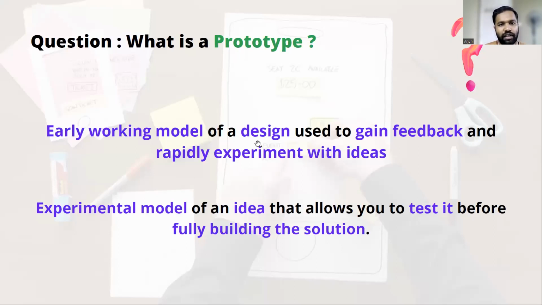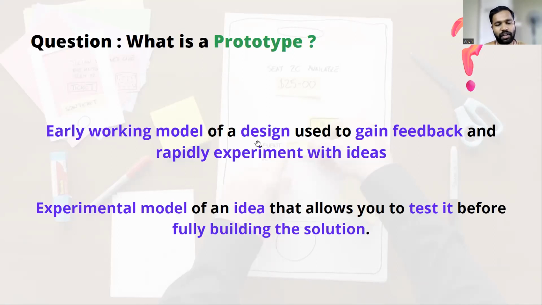So basically, if the user requires something, for example, if the user's problem is traveling from point A to point B, 100 kilometers, then your prototype should be able to at least make the user travel from point A to point B at 5 kilometer speed or 10 kilometer speed.